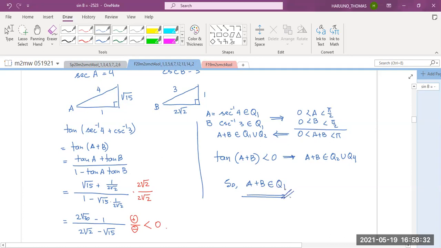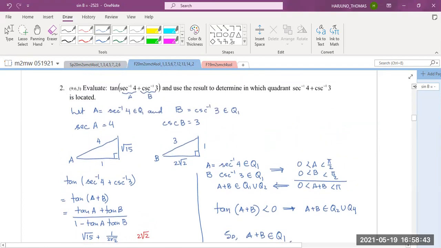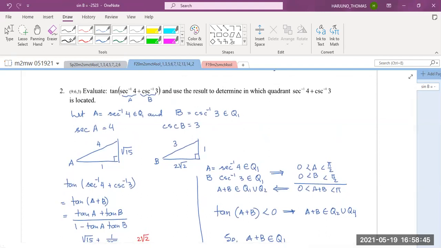Okay. Now, I would like to do one more similar problem. In fact, let's do exactly the same problem, but this time I changed that to subtraction. Okay, give me a second. Give me a second. Let me screenshot this. Let me screenshot this.